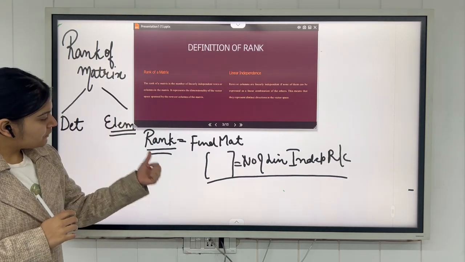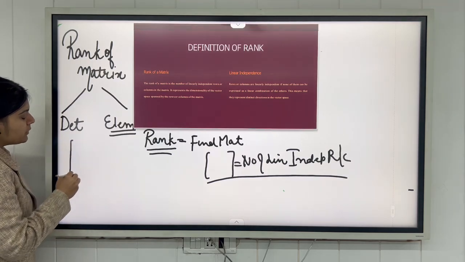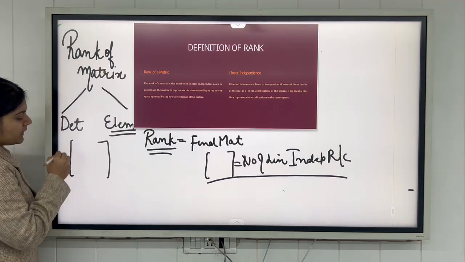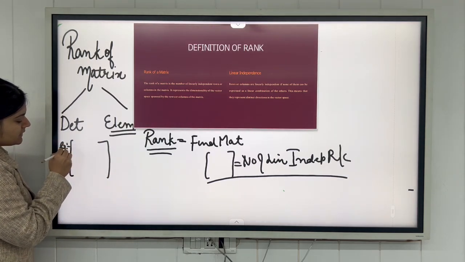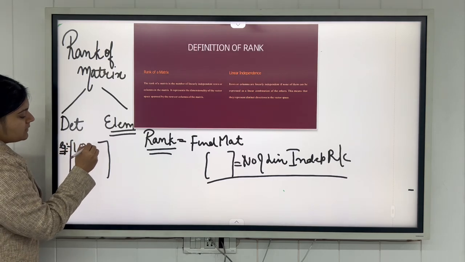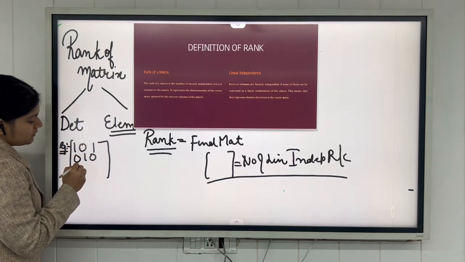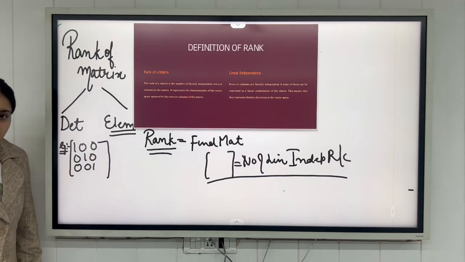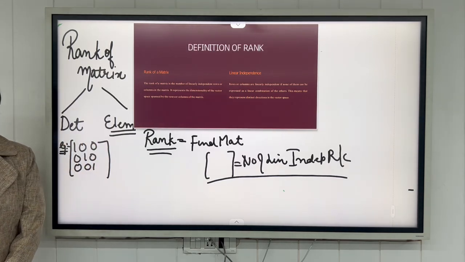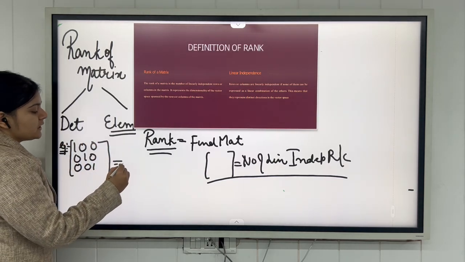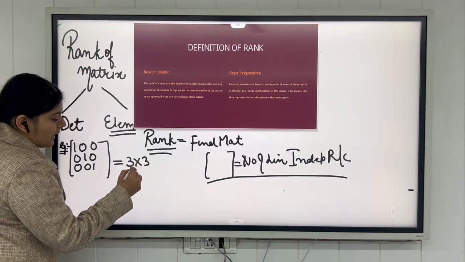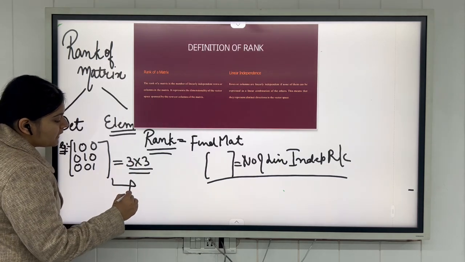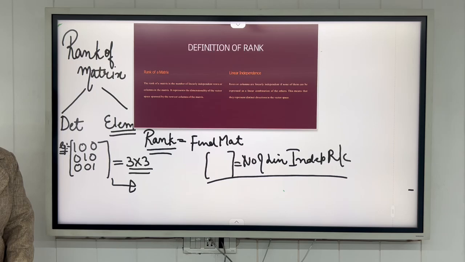So we will be figuring out how, if you have an equation, let us suppose we consider this example: 1 0 1 0 1 0 0 0 1. Now you can see this is an identity matrix of 3 cross 3 order. Can you find out how many linearly independent rows there are?